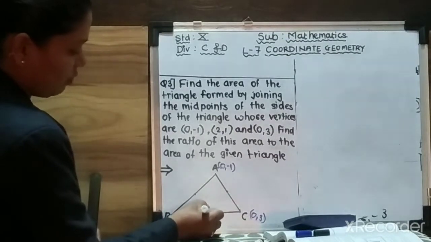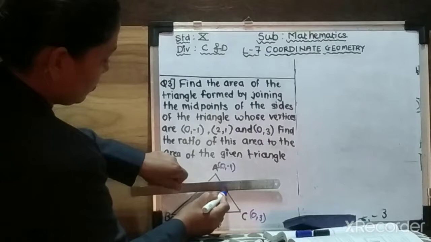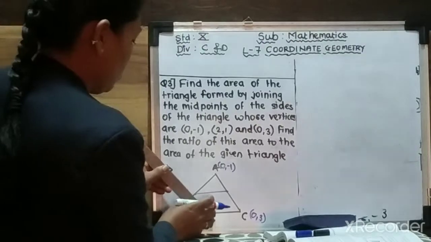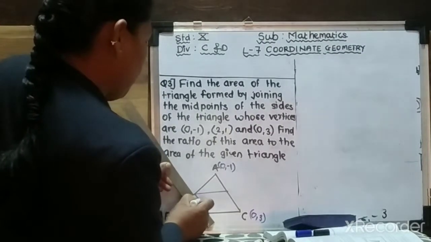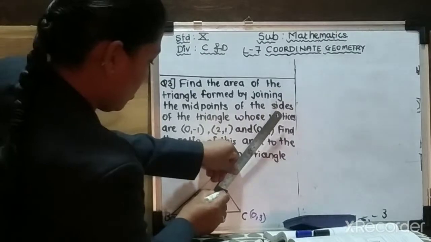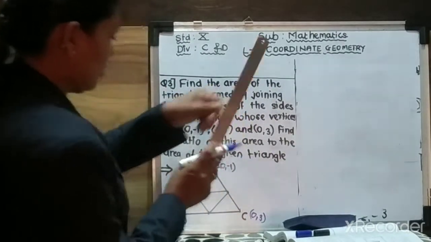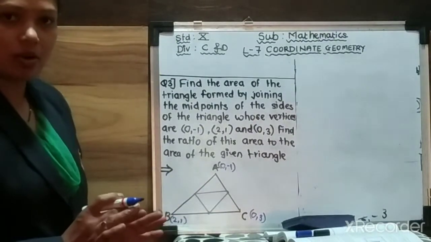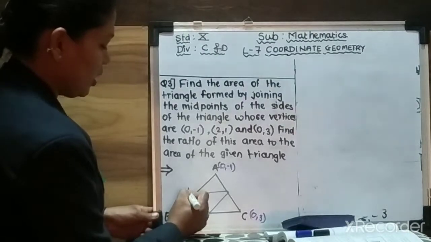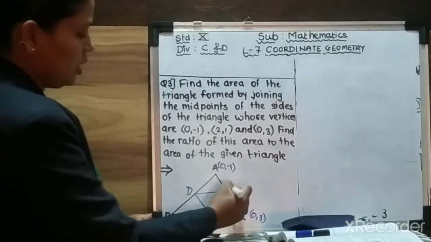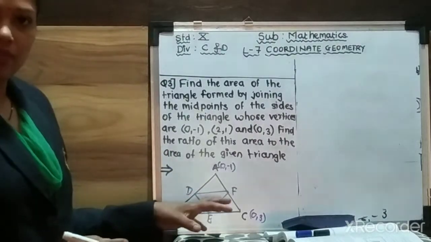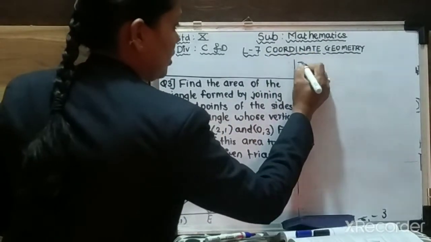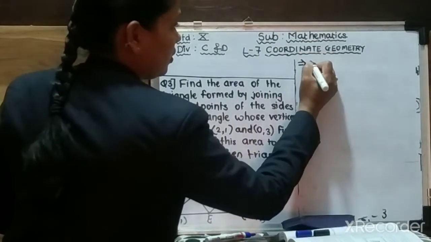So from that, whatever triangle is formed, this triangle, right? Their vertices we are going to find out first, because the vertices are not given. We are going to find out the area of this DEF. I have labelled it DEF, in that way we will have the labelling. Now let us find that out here.